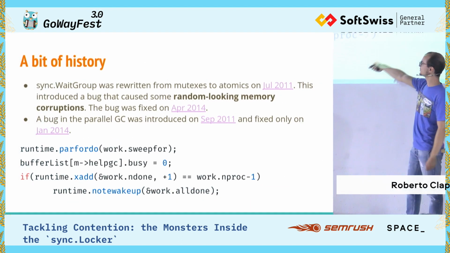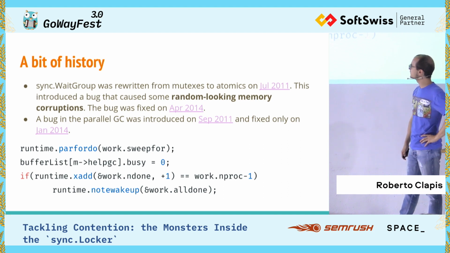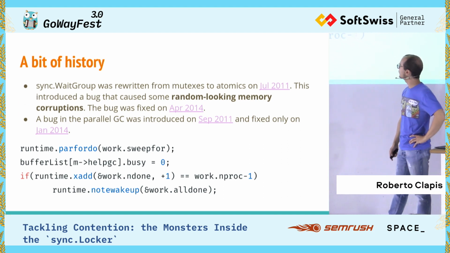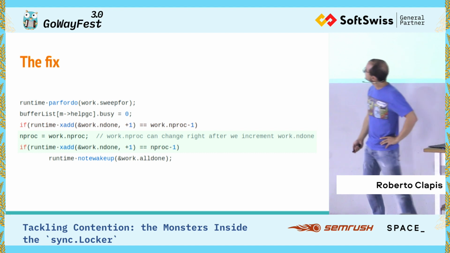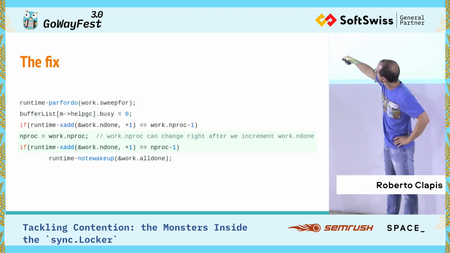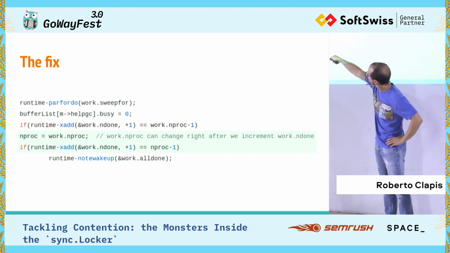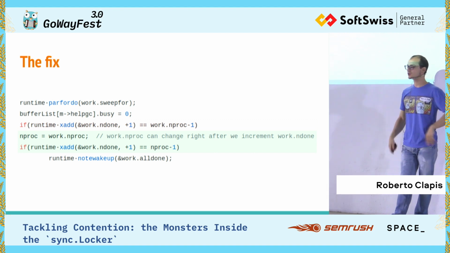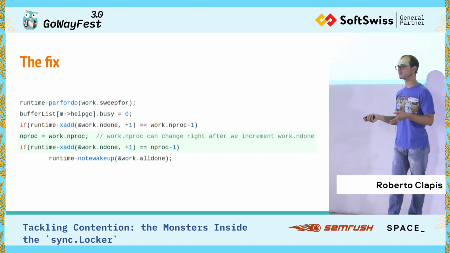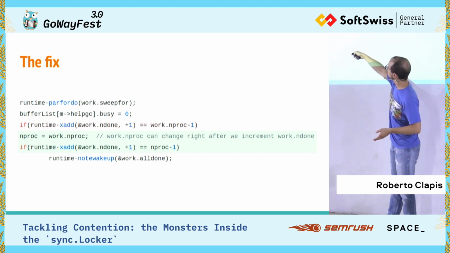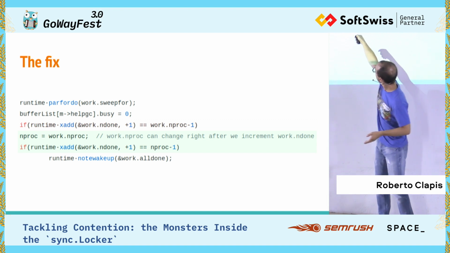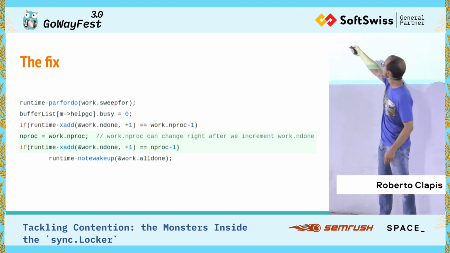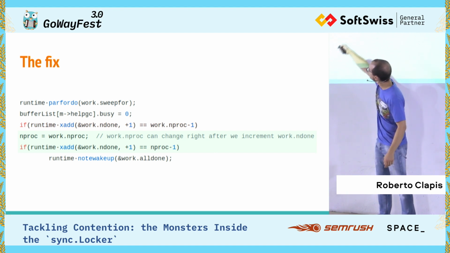I was staring at this, and I was like, no, I have no idea what is going on. And the patch was to store the comparison variable before this happened, because otherwise there were some spurious wake ups, because the original value could have changed while the CPU was executing the comparison.